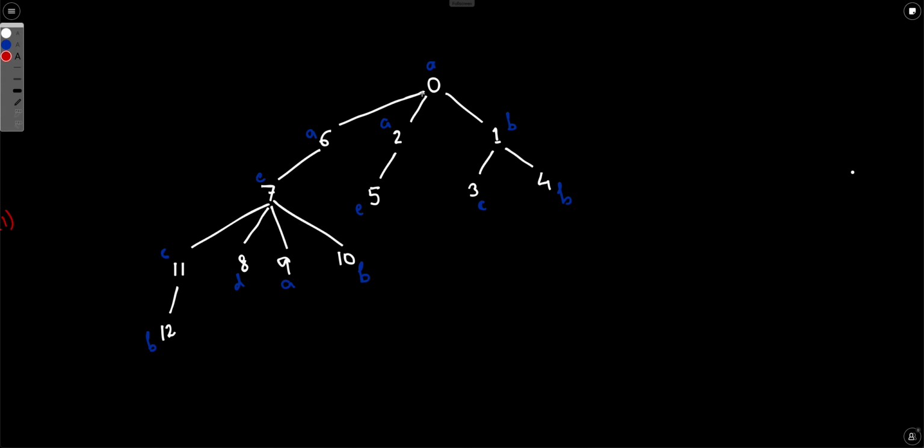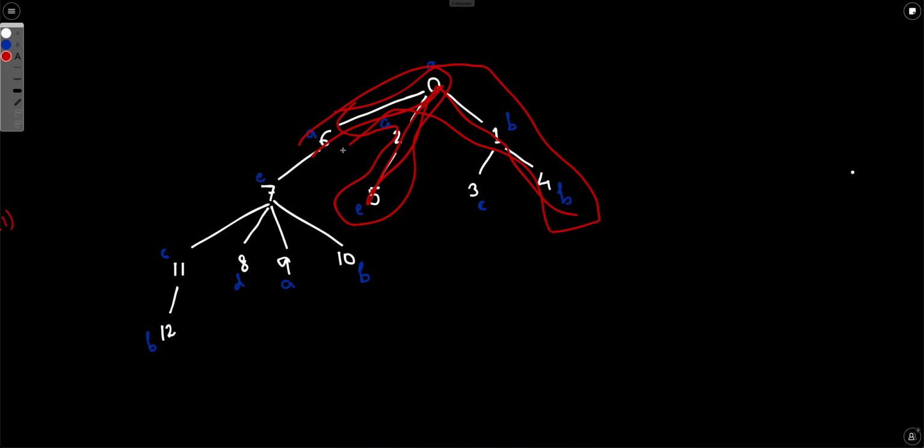Notice that for a path we can only go to two of its children. A path can't be like this. A path can't have this entire set of nodes, because this is not a path. Either this will be a path or this will be a path, so it can't have both.